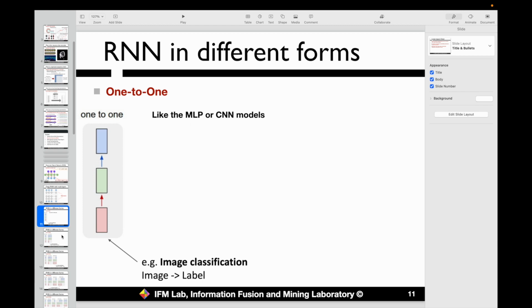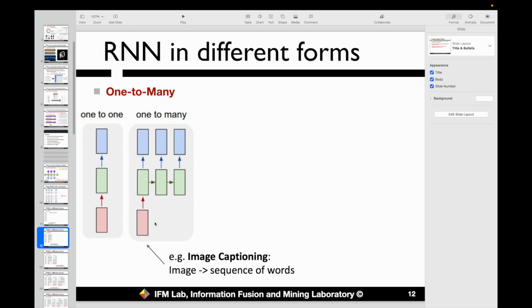Besides one-to-one, we can also have one single input, but we try to generate multiple outputs. If so, then we can try to build an RNN with a structure like this. We have one single input. However, we try to generate multiple outputs, and inside we can have a hidden layer within the chain structure. It will also have multiple hidden representations corresponding to the outputs. And we may apply this kind of application to real-world problems that try to generate a caption for an image.